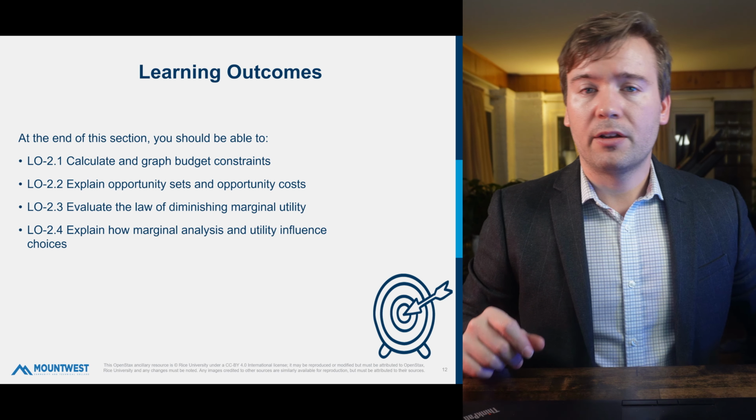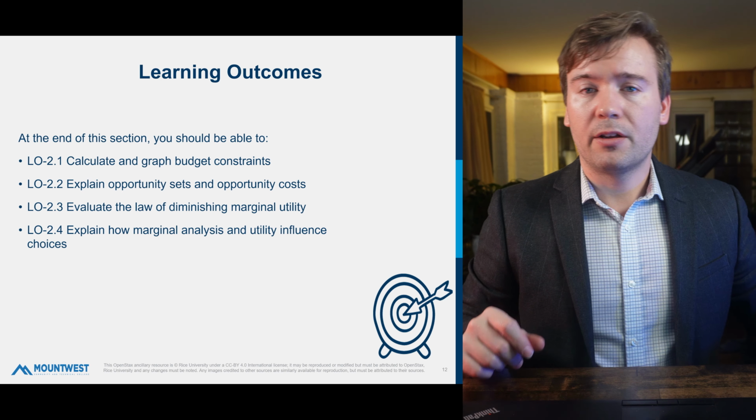Now, in other words, we can show this visually as a line, and this is the line that shows what you can actually purchase with your available funds. The opportunity set is all of the possible combinations of consumption that someone can afford, whether or not the income is actually spent. So you don't have to spend the maximum amount of your budget. You can spend less than your budget. That all falls within the opportunity set.